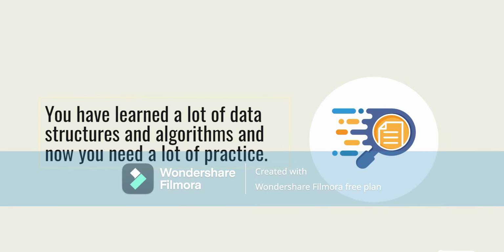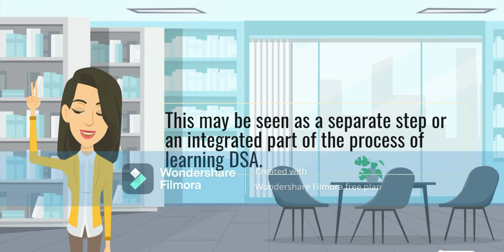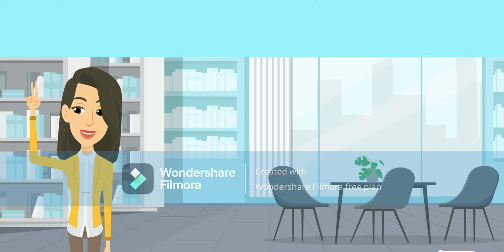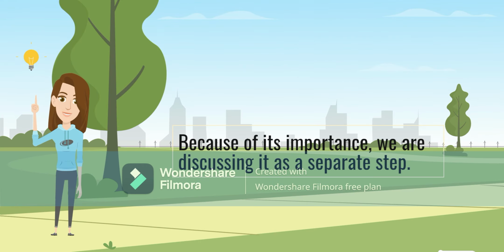You have learned a lot of data structures and algorithms, and now you need a lot of practice. This may be seen as a separate step or an integrated part of the process of learning DSA. Because of its importance, we are discussing it as a separate step.